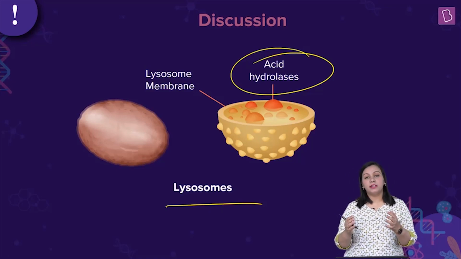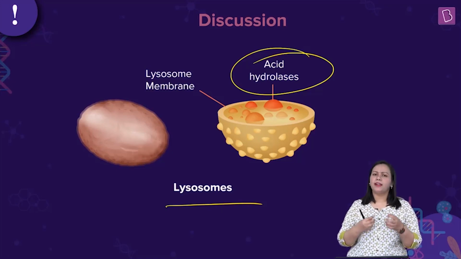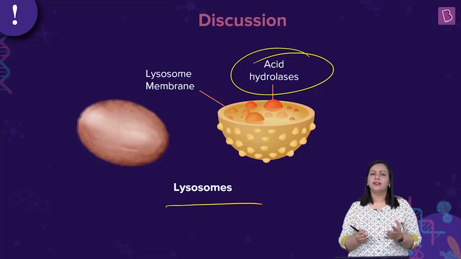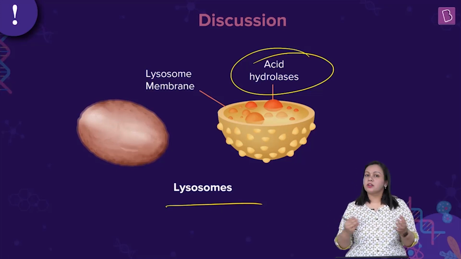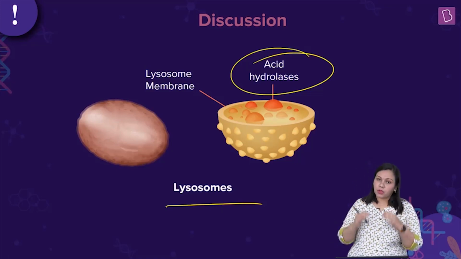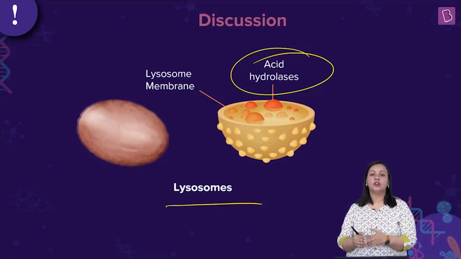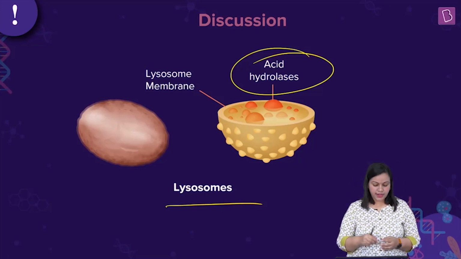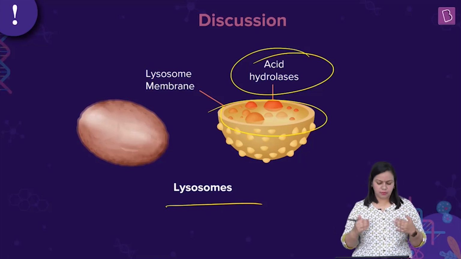They even help in digestion of an old cell organelle, and they might also burst within the cell when the whole cell needs to get killed, in case of a virus infected cell or a cancerous cell or something like that. Because these enzymes work at an acidic pH, we call these enzymes acid hydrolases. This is the lysosomal membrane, which is a simple thing.